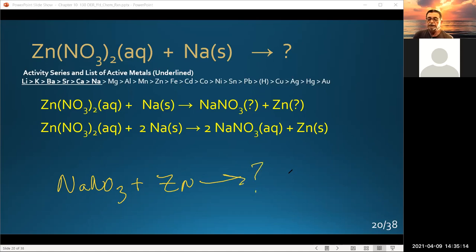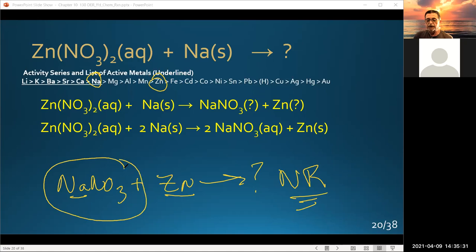The answer would be NR. How do I know that? Same question: which metal is more reactive, sodium or zinc? Obviously, sodium is more reactive than zinc. Is the most reactive metal in ionic form? The answer is yes. It's already in ionic form, so no reaction in this direction.